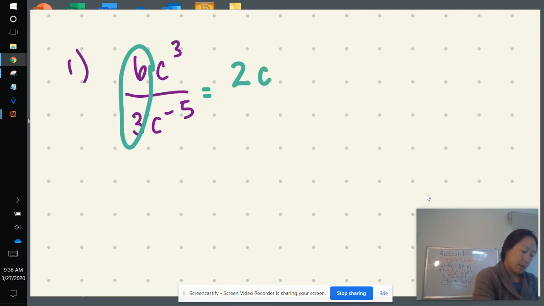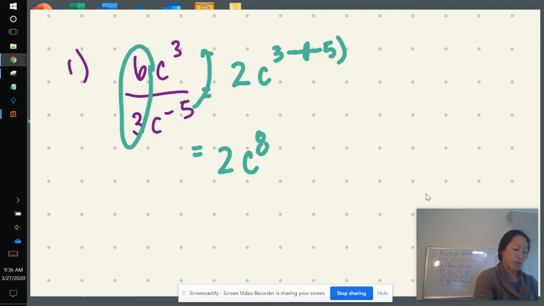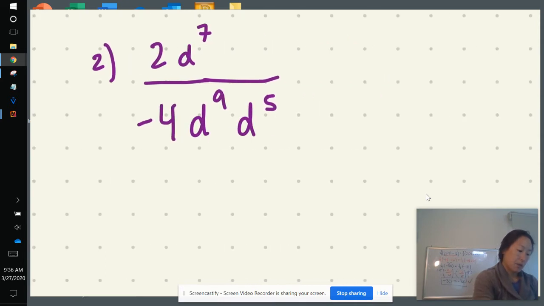And then the c to the third power, and I'm going to move these to the top, so minus negative 5. This is going to give me 2 times c to the, this becomes a positive, to the 8th power, and that's it.